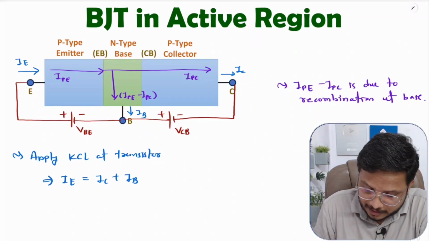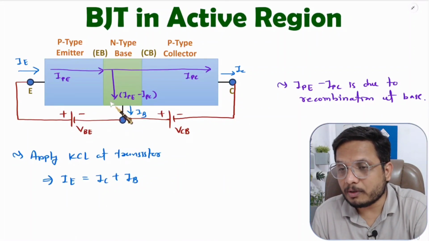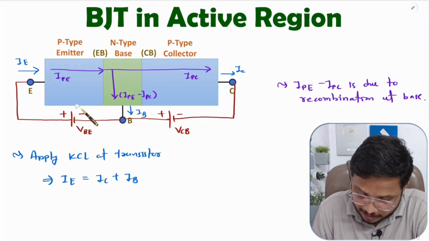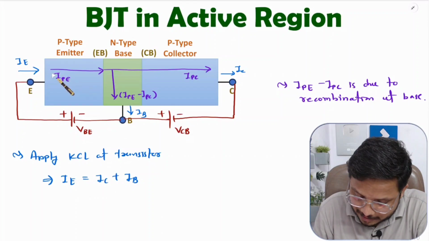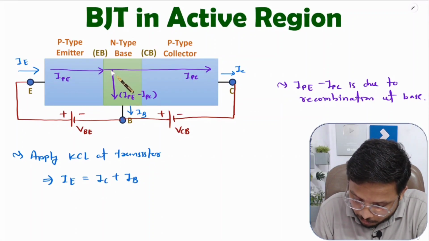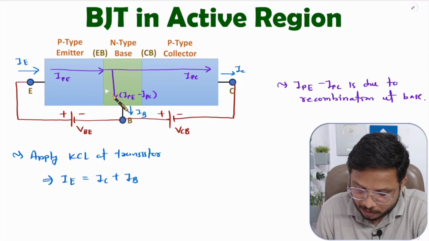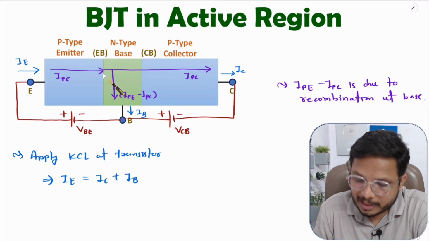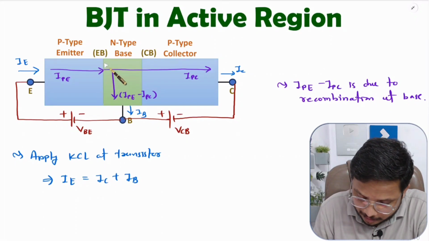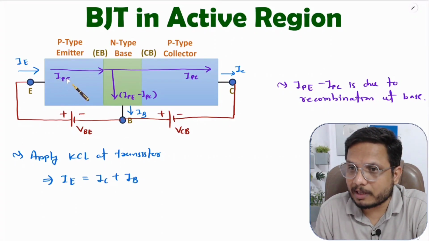That was the current due to holes, but what will happen due to electrons? The emitter base junction is in forward bias, so electrons will flow from base to emitter. Current due to electrons at the emitter will be in the direction of IPE only.